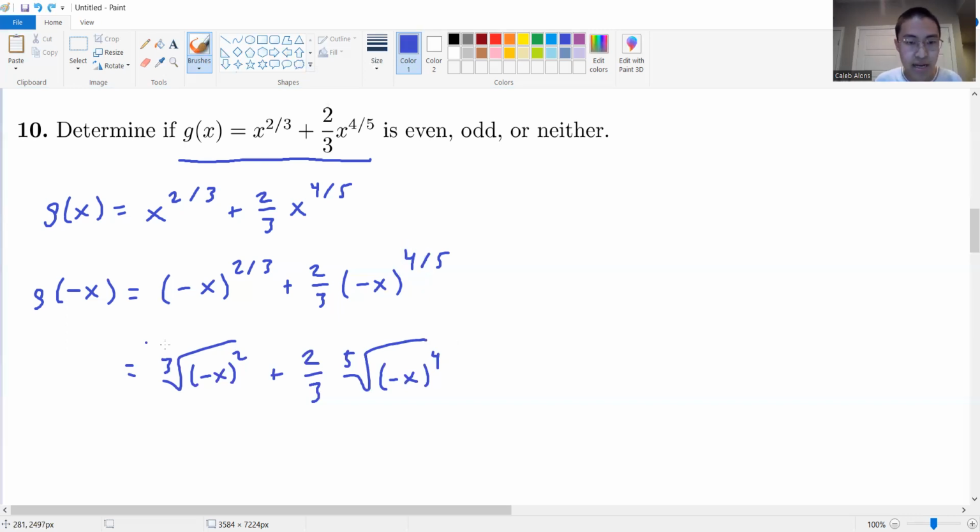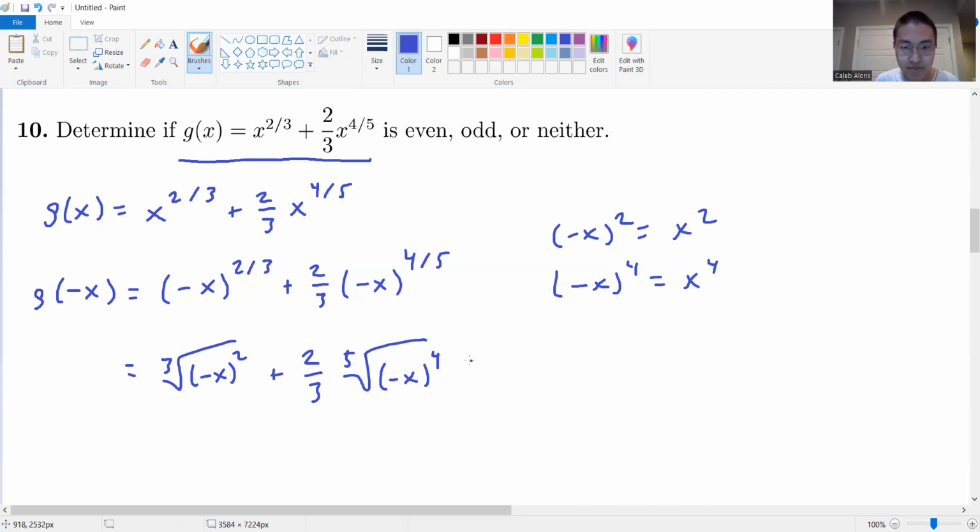Now, here we say, hold on, this 2 is even. This 4 is even. So a negative number multiplied by itself an even number of times, we already showed, is going to be a positive result. So minus x squared is going to give me back x squared, and minus x to the 4th is going to give me x to the 4th.